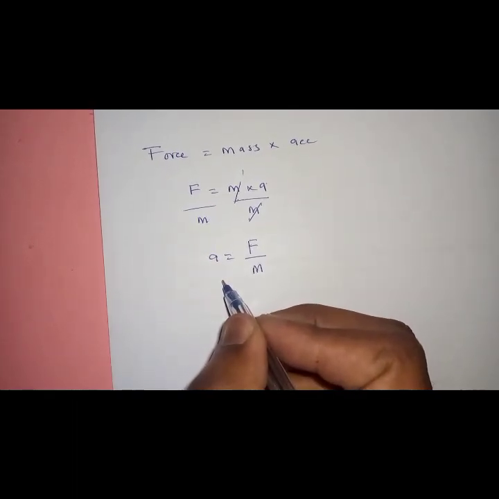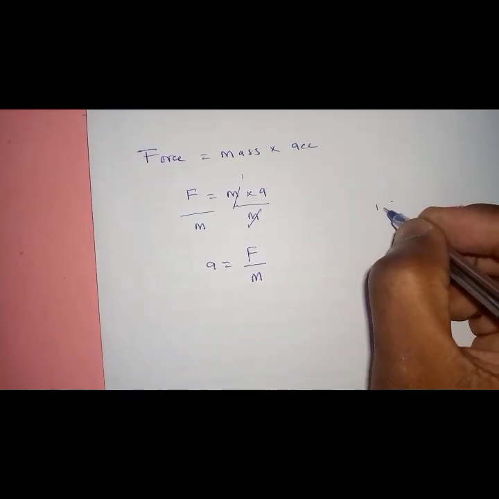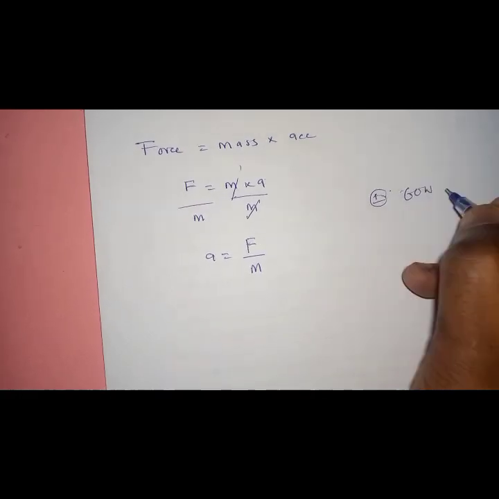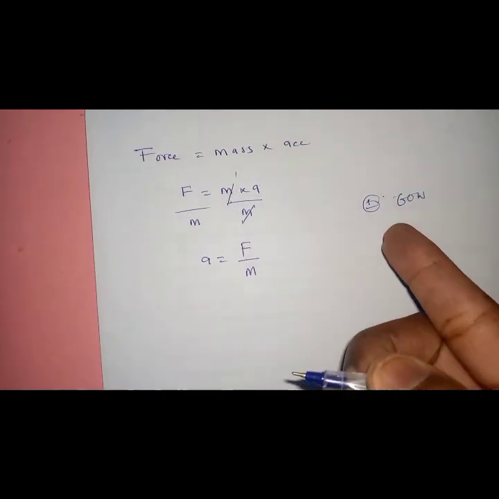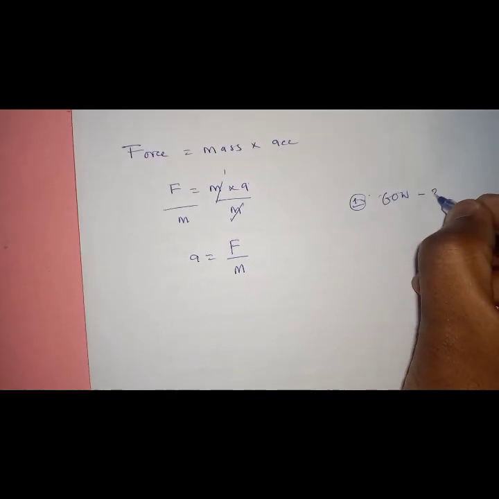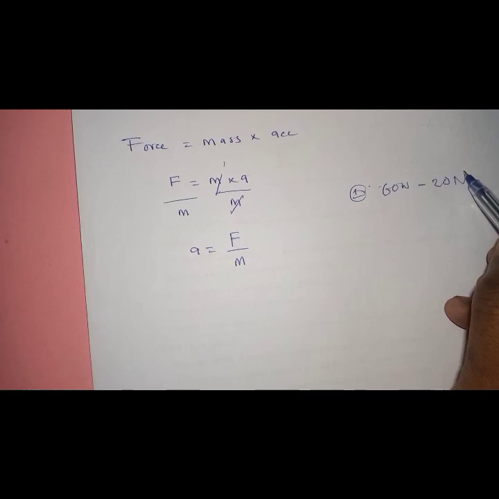But here's the trick. We have two forces. Our first force is 60 newtons. But we have the opposing force, the force that's opposing our 60 newton horizontal force, and that force is 20. So the force that's going to be used here is the difference between these two forces.